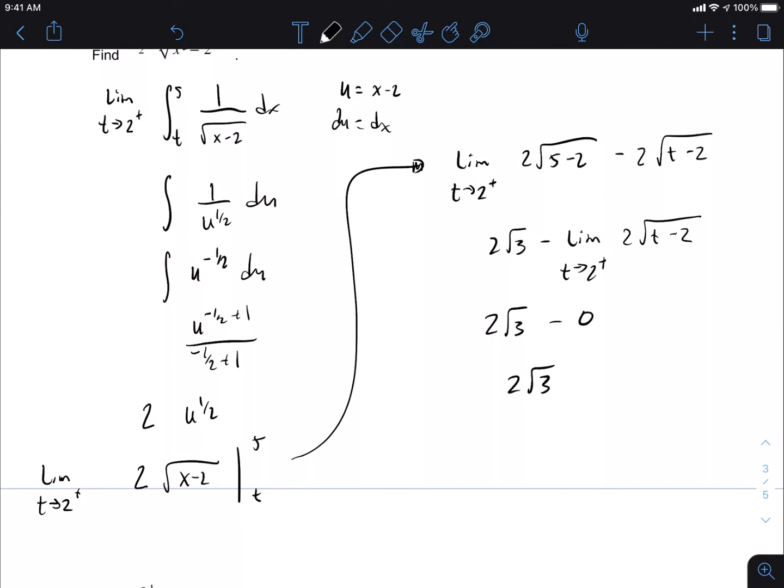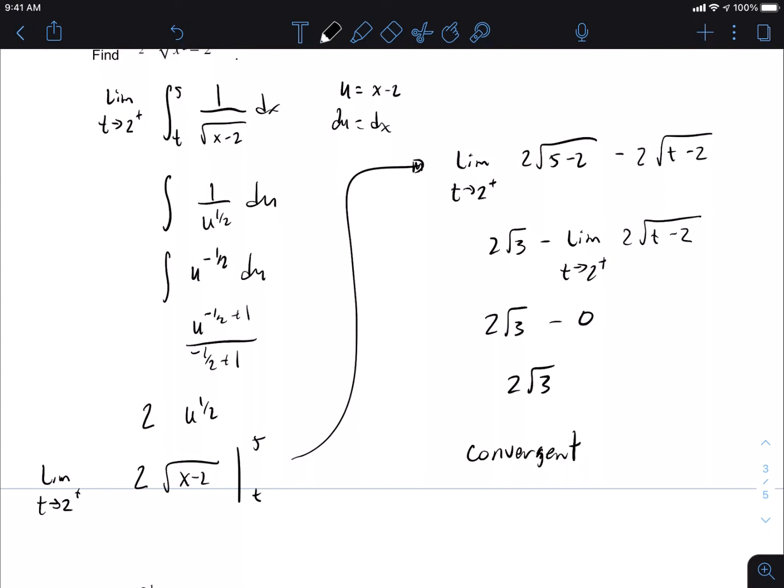Since we have a specific answer, what do we know about this integral? It's divergent. Not divergent. Really convergent. It's convergent, because we have a numerical value. That's right. It's convergent because we have a numerical value. We know what the answer is.